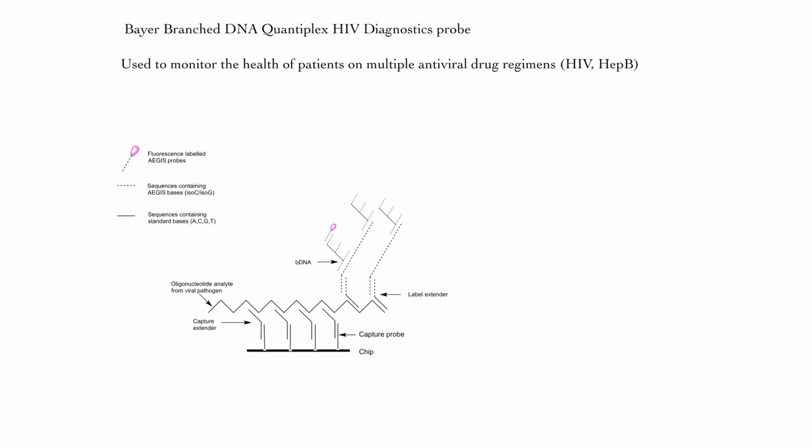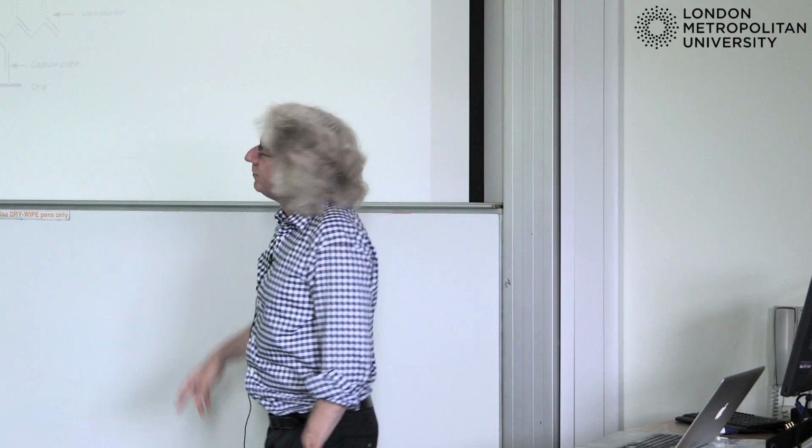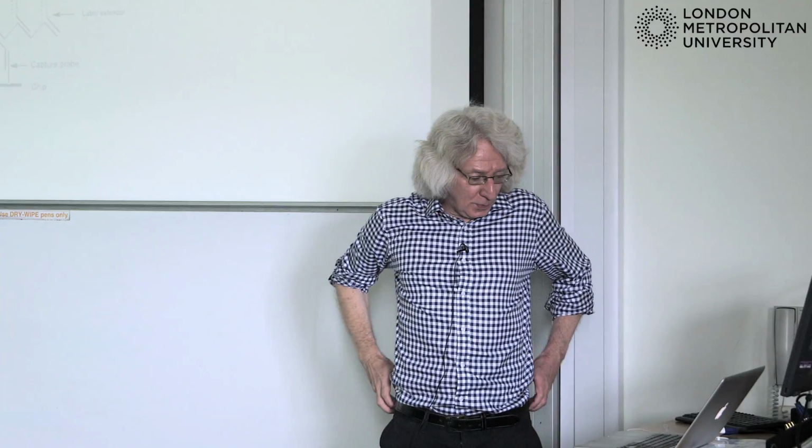And these bind to their complements on the branched structure, like so. And it's a fluorescein-labeled Iso-C, Iso-G. That's what the fluorescent probe is.